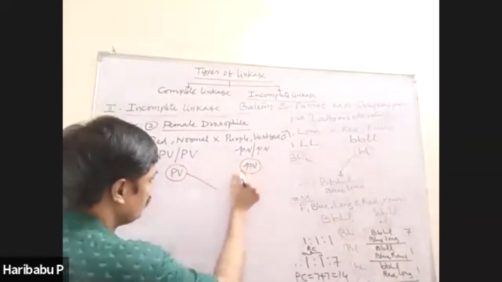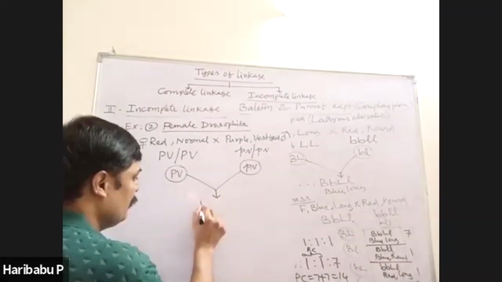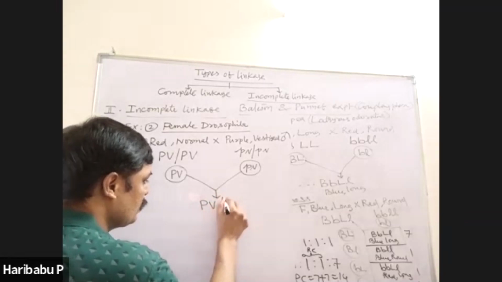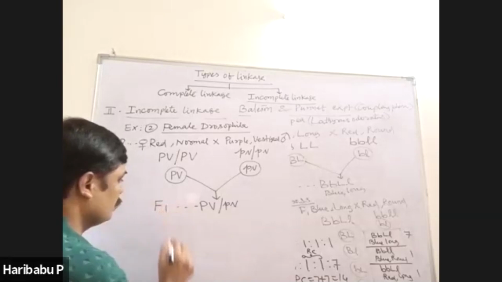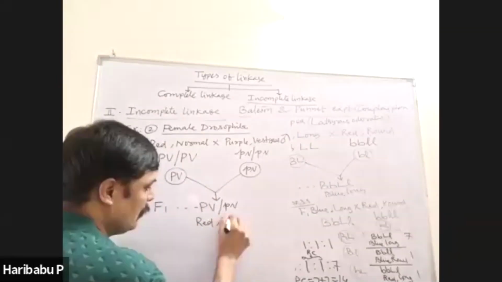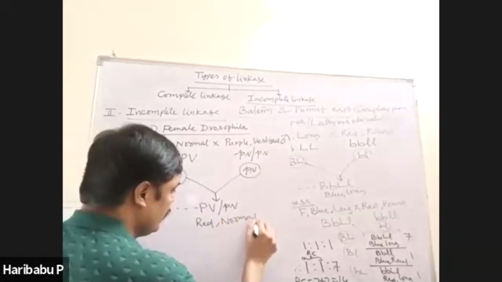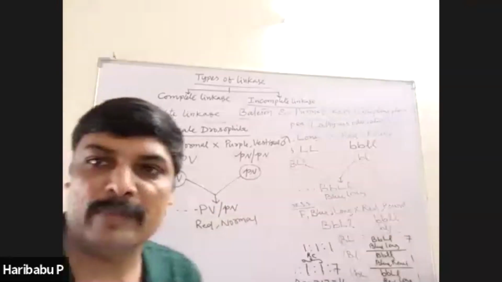When you cross, you will get capital P, capital V, small p, small v. This is the F1. F1 are red normal. That means they resemble one of the parents, that is the dominant parent.